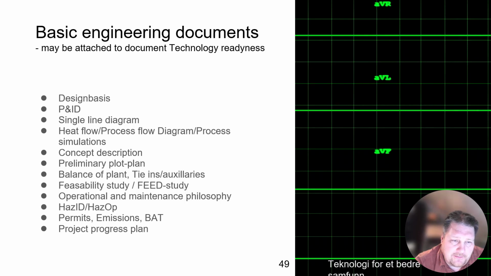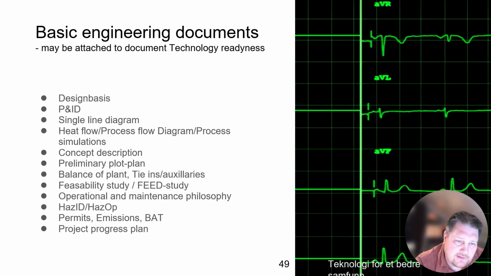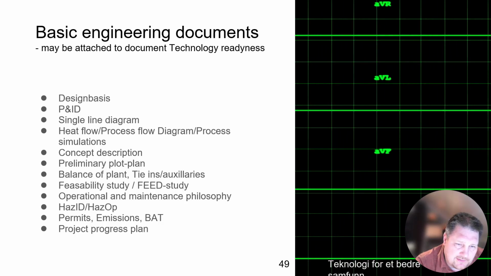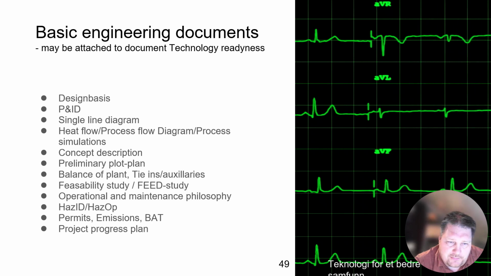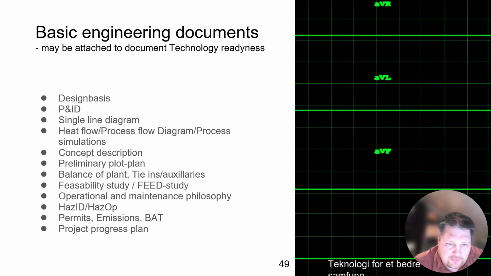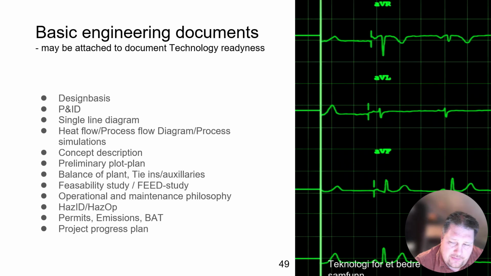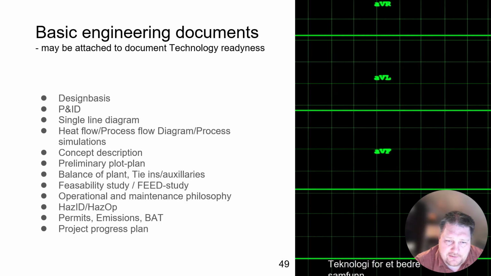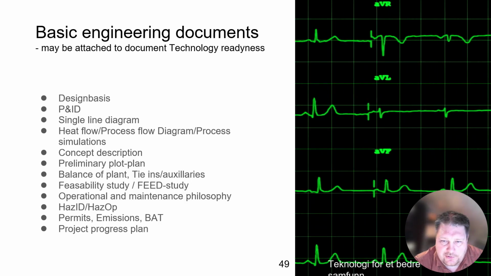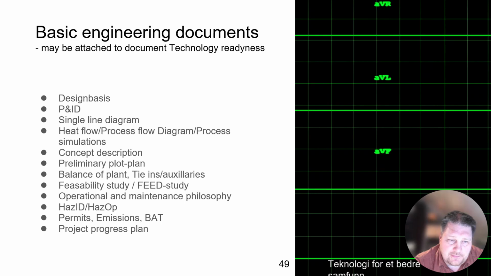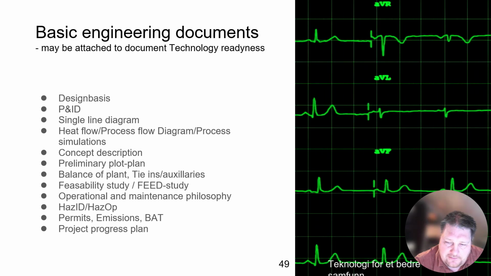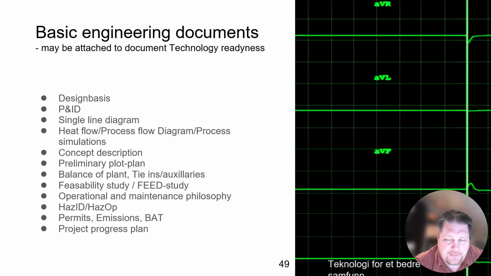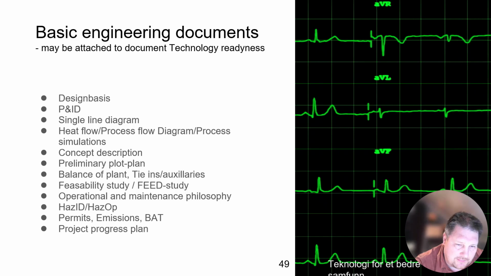If you have pipe and instrument diagrams, single line diagrams for electrical systems, heat flow or process flow diagrams for the process, both theoretical heat flow diagrams, but if they are calibrated or supported by, for instance, a pilot case or some experiments, then you have even more confidence in those numbers.